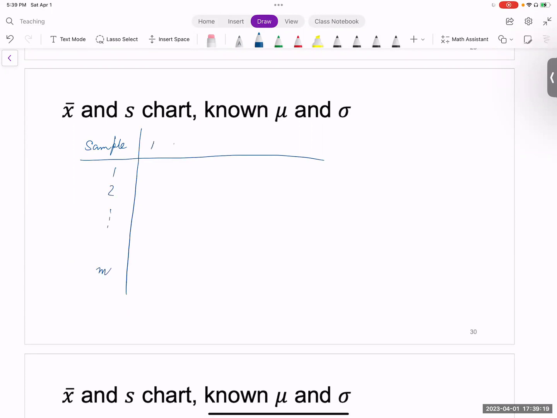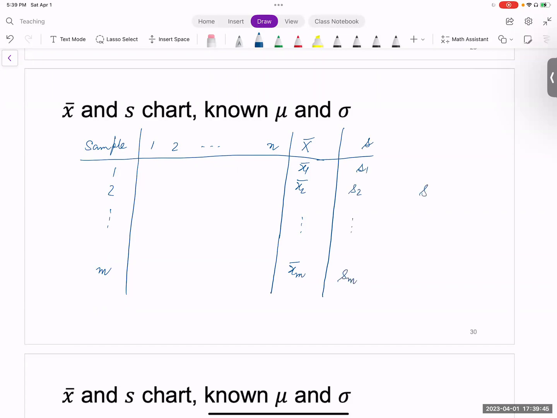You have observations from 1 up to n. And for every single sample, you're going to compute x bar. So you get x1 bar, x2 bar, up to xm bar. And then you have the sample standard deviation for every sample, which is S1, S2, up to Sm.